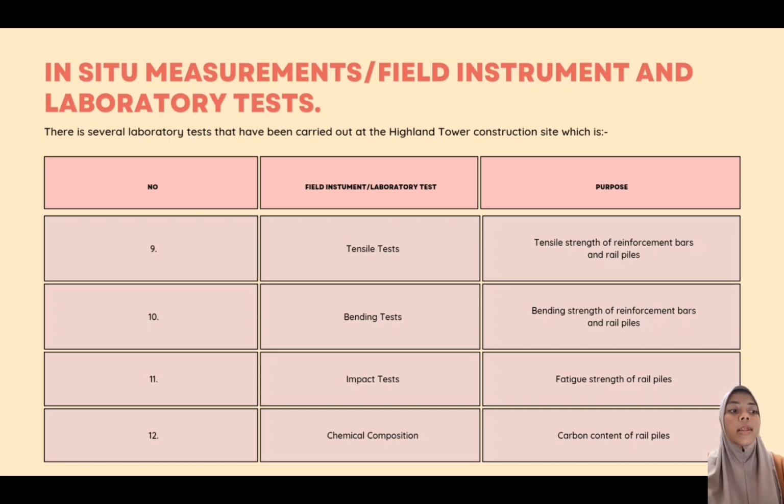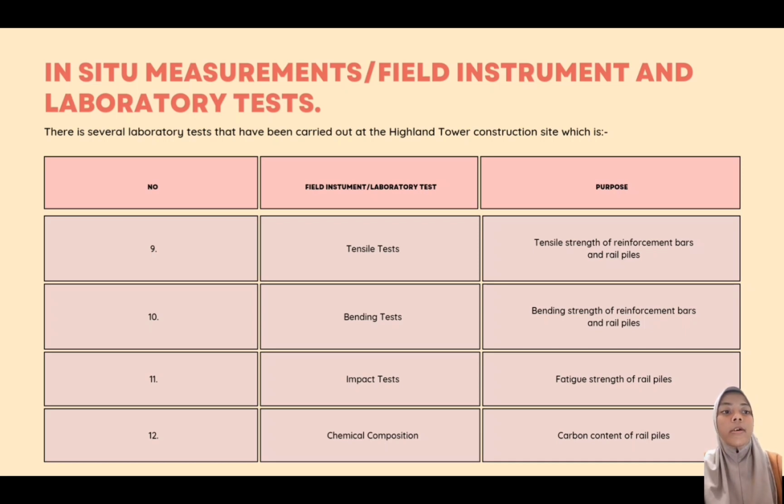Purpose is bending strength of reinforcement bars and rail piles. Number 11, the field instrument or laboratory test is impact test. The purpose is fatigue strength of rail piles.